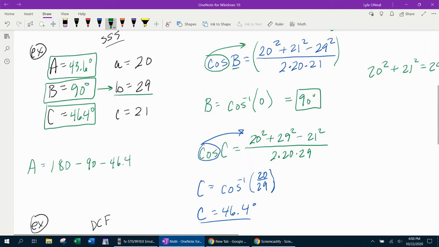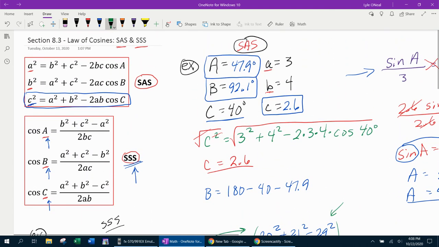And now what I want you to notice is that these three formulas up here are pretty generic. Really, you don't have to memorize three formulas, you just have to memorize one. It's the two sides, whatever two sides you're given, squared and added, minus 2 times those same two sides, and then cosine of the angle across from the side you're looking for.